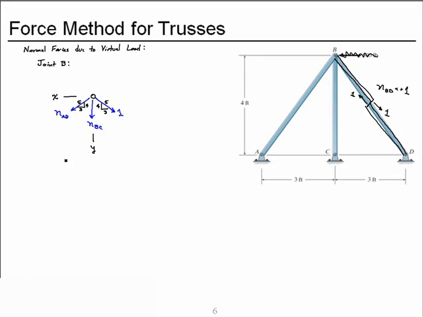So let's sum forces in the x direction first, and by our coordinate system we'll take to the left as positive, which means we have a positive 3/5 contribution from the normal in member AB. We have a negative 3/5 contribution from the normal in BD, which is a positive 1. So the normal in member AB is a positive 1.